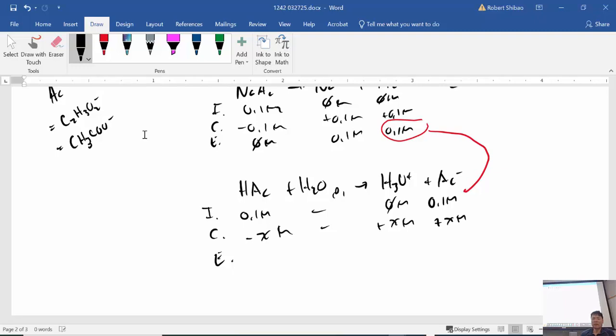So x doesn't have to be nearly as big. So I'm going to get 0.1 minus x molar. I'm going to get x molar here and 0.1 plus x molar here.